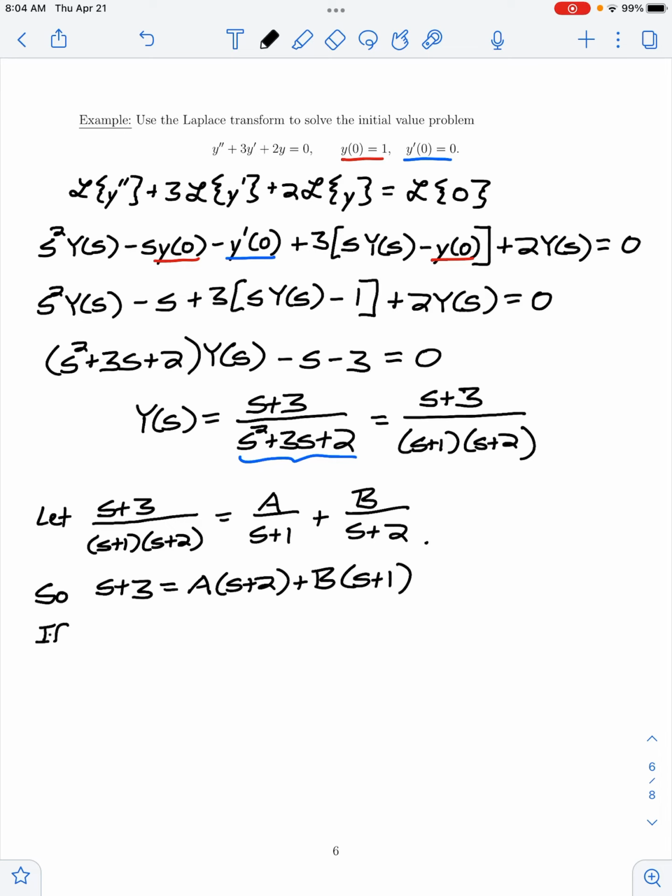If I wanted to solve for A, I could substitute s = -1 into the equation, which would result in 2 is equal to A. And if I want to solve for B, I could substitute s = -2 into the equation, in which case I would have 1 is equal to -B, implying that B is -1.